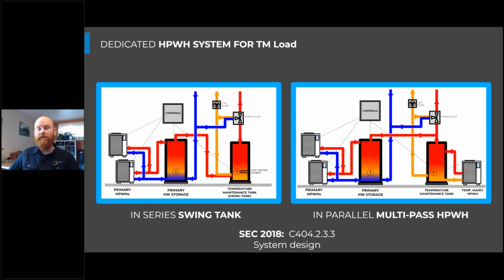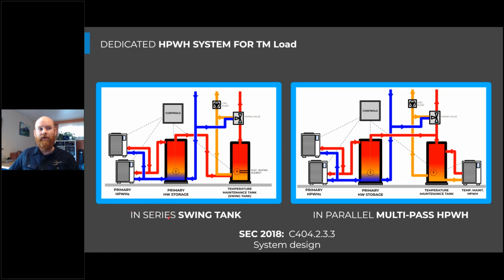We do have solutions for this at Ecotope, and the Seattle Energy Code 2018 is also calling out this aspect of system design in the code. The solution is essentially to provide a dedicated heating source and temperature maintenance system so that we decouple the hot water circulation system from our primary.